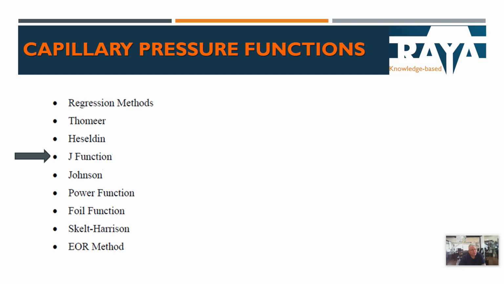Some functions are available for calculating water saturation from PC data, which are regression methods, Thomeer, Sling, J function, Johnson, power function, Foil function, Scott, Harrison, and EOR method.